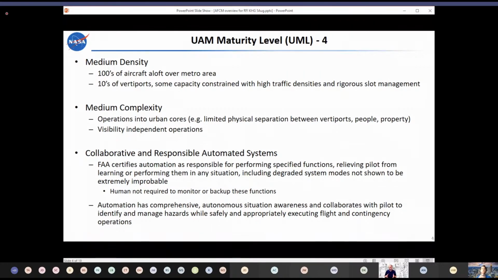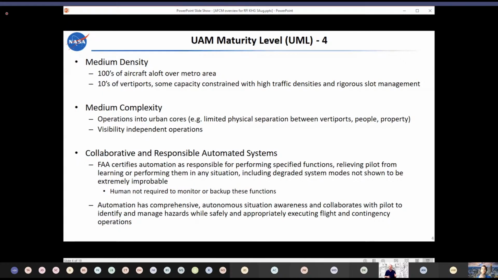Along with responsible automation is the idea of collaborative automation. This is the vehicle having sufficient, I'll use the term situational awareness, to be able to understand what's happening around it. At a minimum, being able to highlight emerging threats, being able to help the pilot identify those and come up with appropriate mitigation strategies, while at the same time efficiently executing the nominal flight.